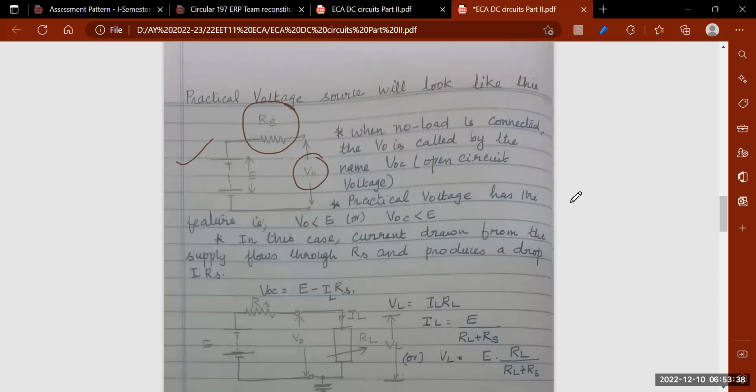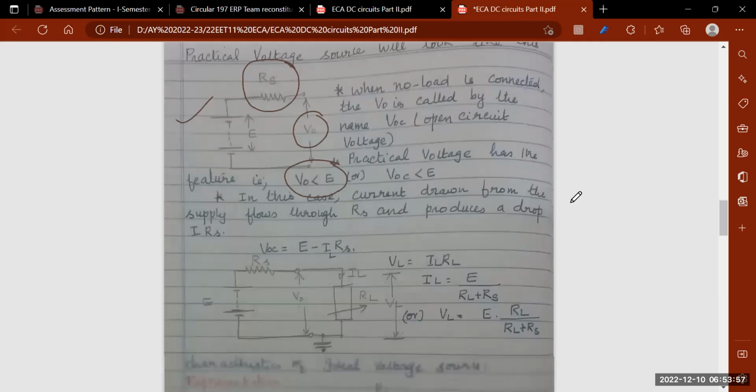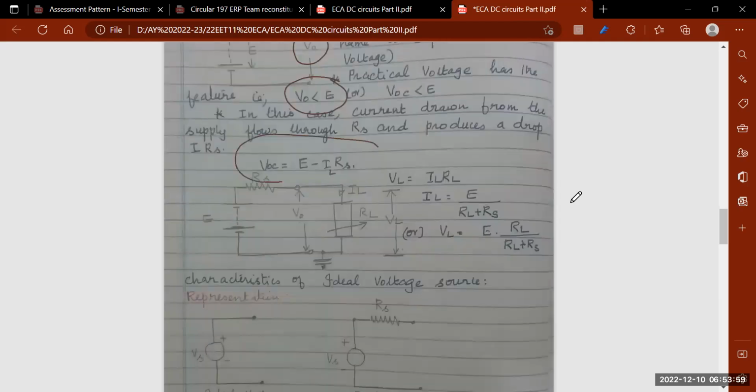For a practical source, the terminal voltage or open circuit voltage will always be less than the battery voltage. Why is it less? There is an internal drop. So this VOC is given by the equation E minus IL into Rs.